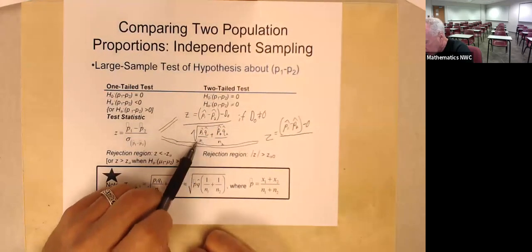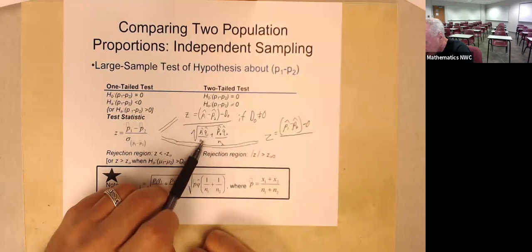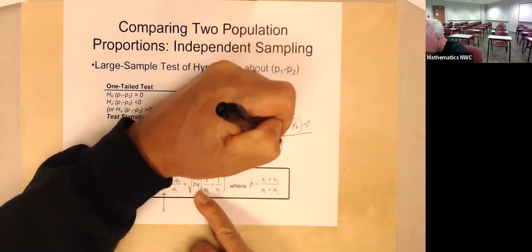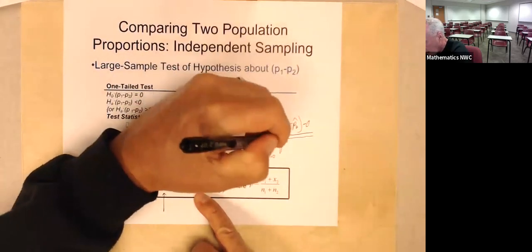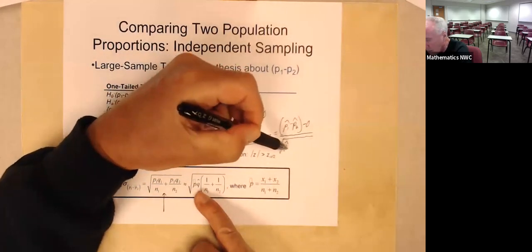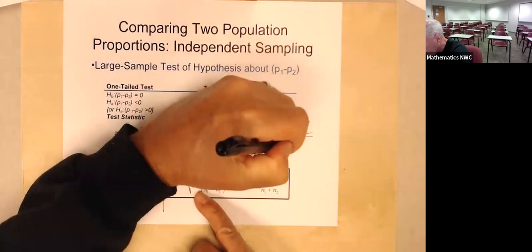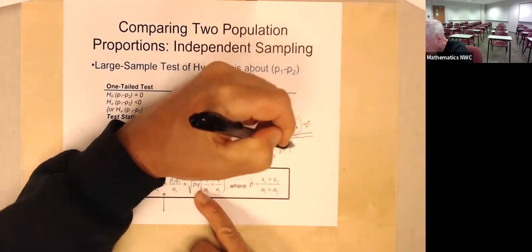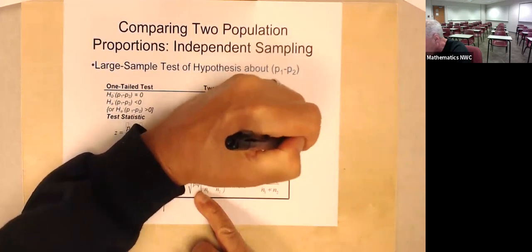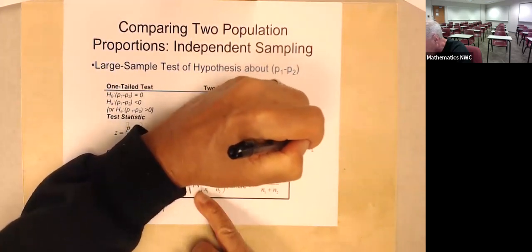But now notice how I'm going to change this denominator. I'm going to be putting this one in instead. It is P hat general. Notice there's no 1 or 2 there. Q hat general. Again, notice no 1 or 2 there. 1 over n sub 1 plus 1 over n sub 2.